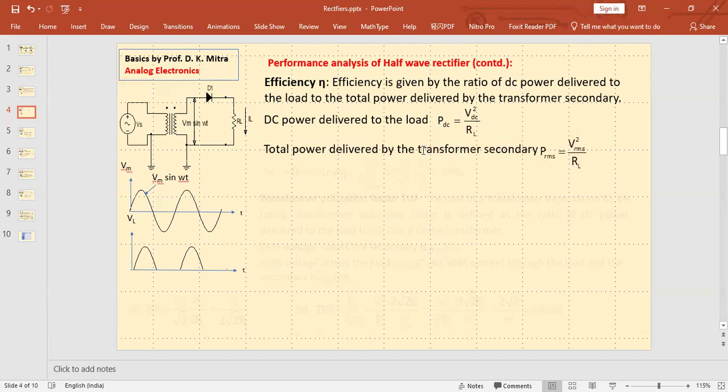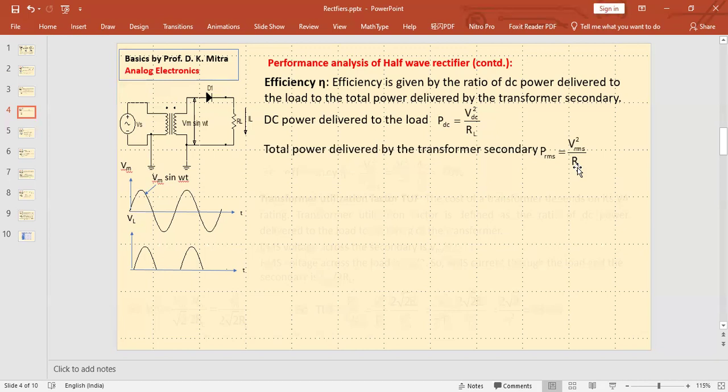And what is the total power delivered by the transformer secondary? Transformer secondary is supplying this AC voltage, and power of this AC voltage is of course Vrms square by RL. I think these things you have already learned in your first year, electrical measurement classes.